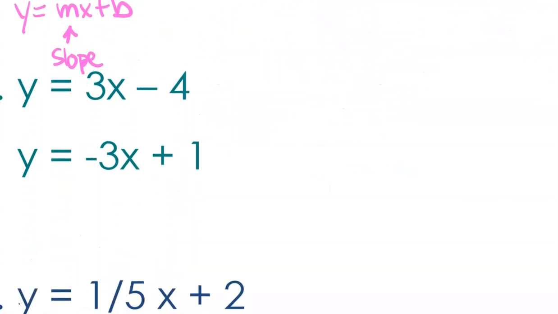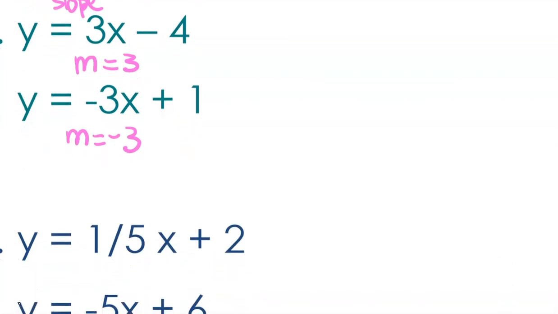Number 2. It says y equals 3x minus 4 and y equals negative 3x plus 1. Again, we look at the slopes. This line has a slope of 3, and this line has a slope of negative 3. They aren't the same slope, so we know off the bat they're not parallel. But are they perpendicular?